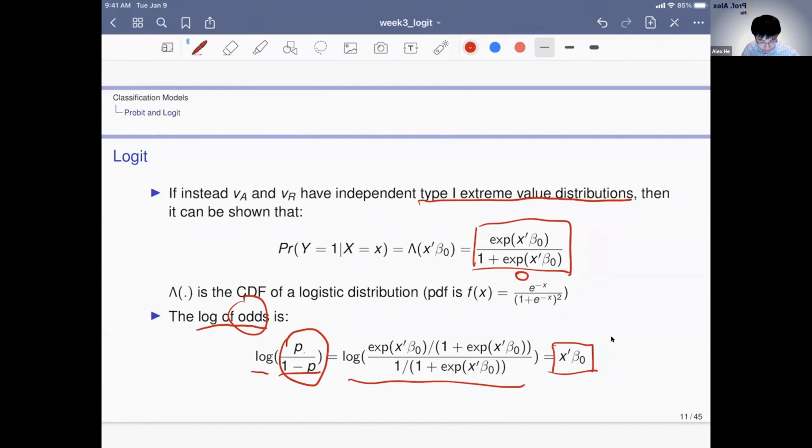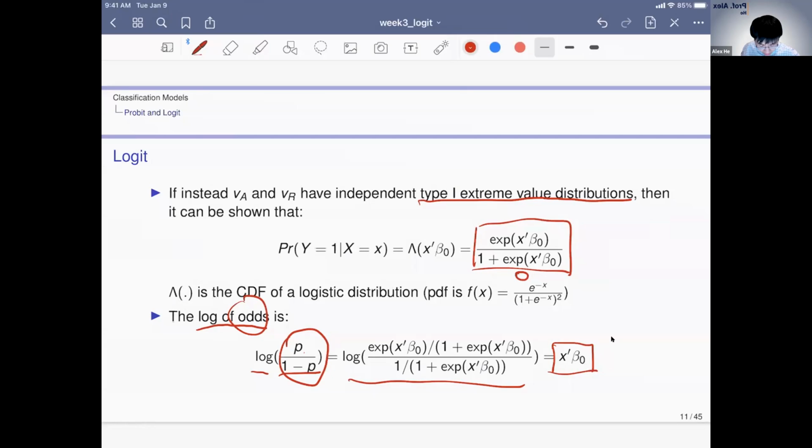Okay, so for now, what we've seen is that we have logit and probit. Both are CDF functions of some distribution that convert the linear function of x into a nonlinear function that's increasing in x and ranges between 0 and 1.